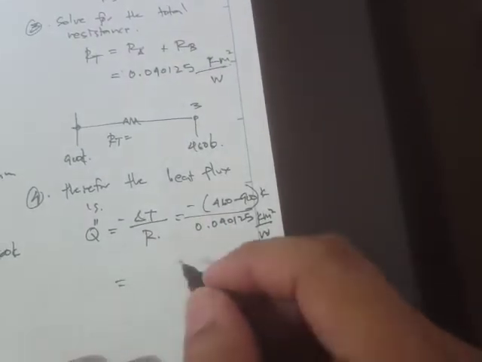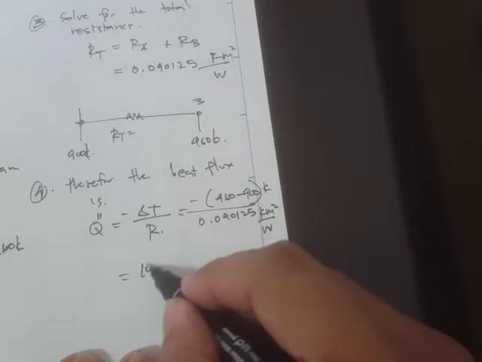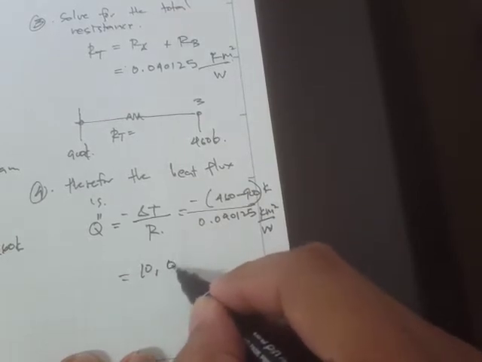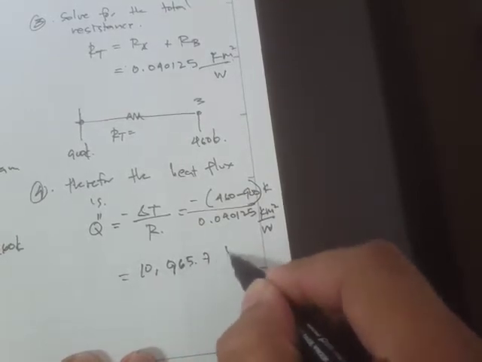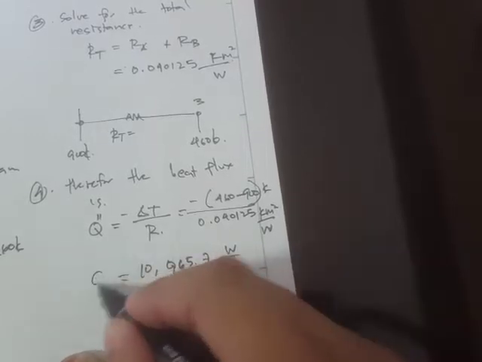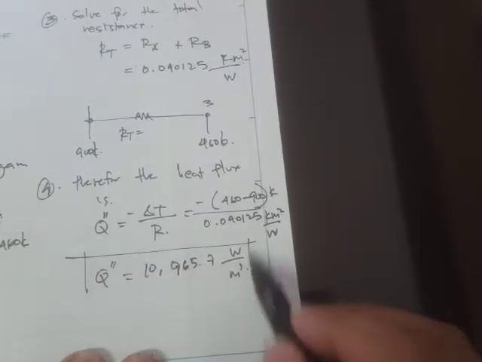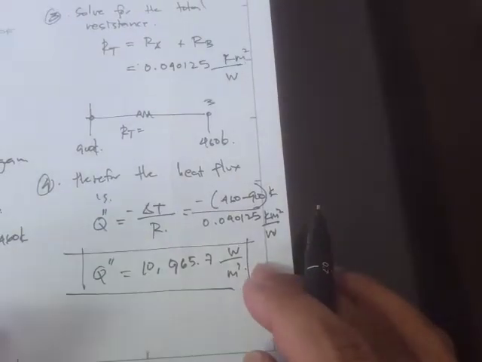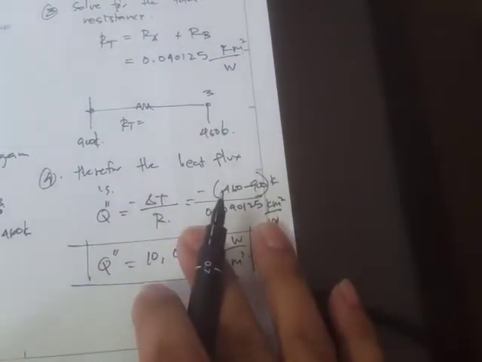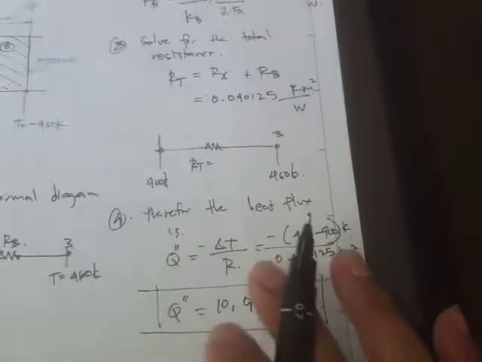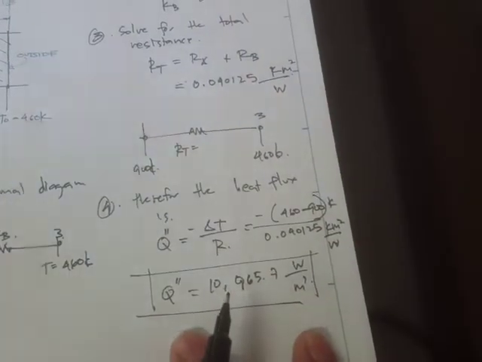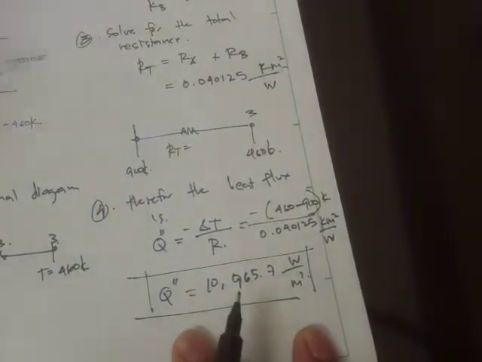If you do the math, what you get is 10,965.7 watts per meter squared. This is Q, the heat flux. Okay, but that's not yet our final answer, because we're asked to find the temperature at the interface.